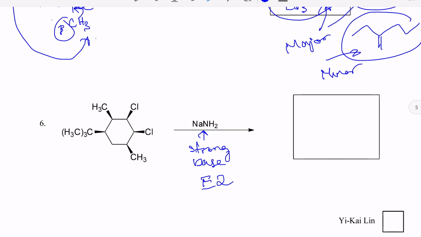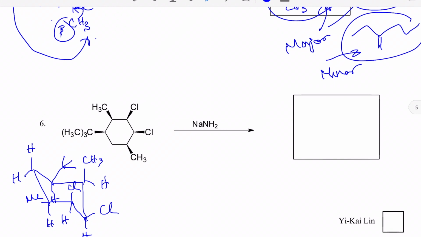The first thing we can do, which can help us in understanding this, is we can draw a chair conformation. So I've drawn out the chair conformation just to save some time, and let's start examining it. So I've started it from this carbon here, and that's what you see here at the top.